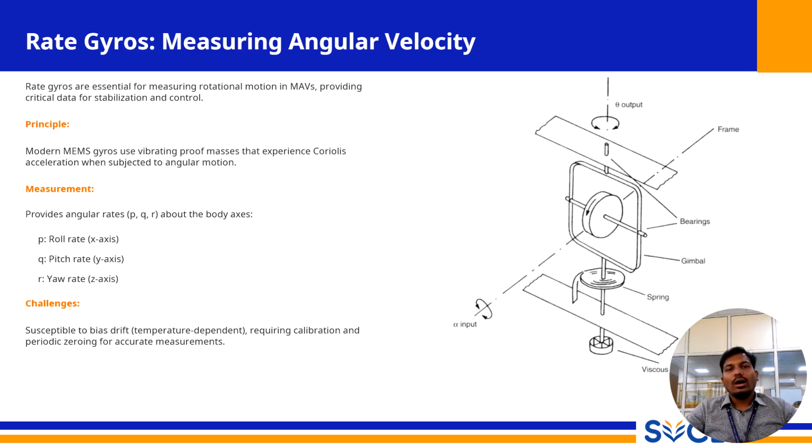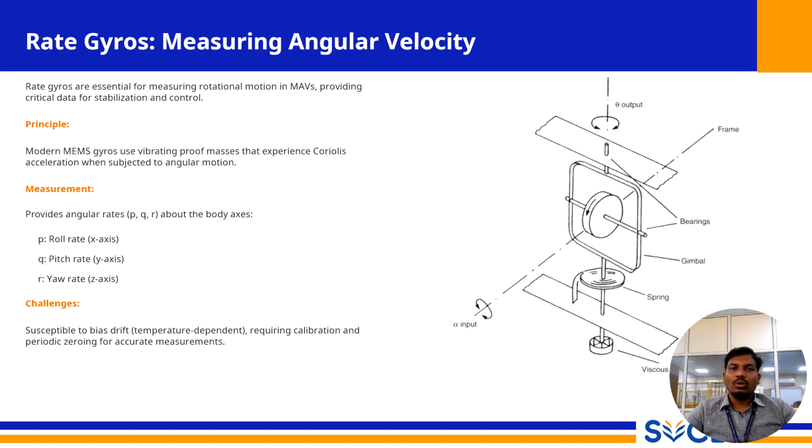However, like all real-world sensors, the rate gyro has its challenges. Its most significant issue is that it is susceptible to bias drift. An ideal gyro would output a perfect zero when stationary, but a real gyro has a small non-zero output called a bias. This bias is not constant.